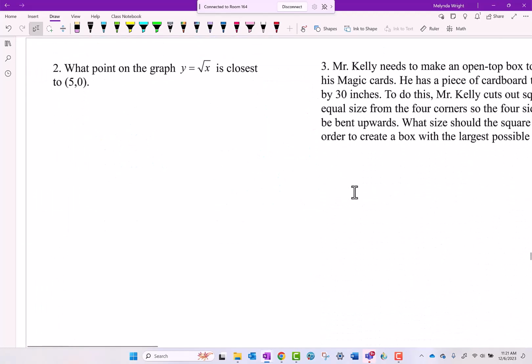So number 2: what point on the graph of y equals square root of x is closest to (5, 0)? Now, I'm just going to draw a graph so we can see what's going on. The square root of x kind of looks like this, right? It's 1, 2, 3, 4, 5.